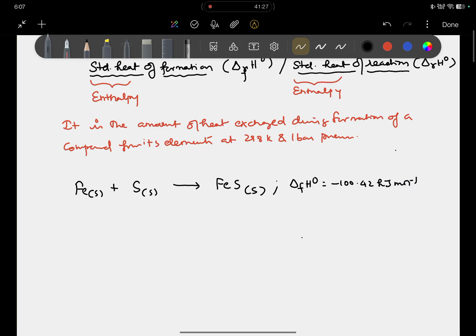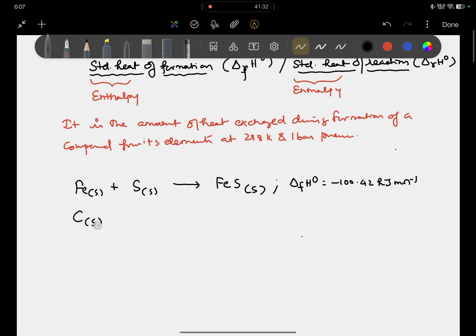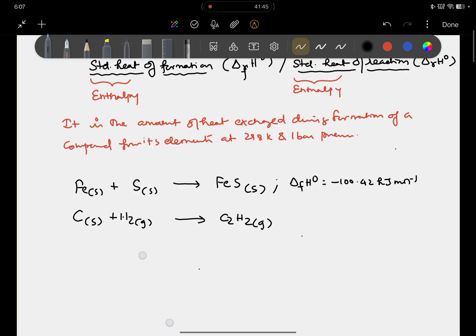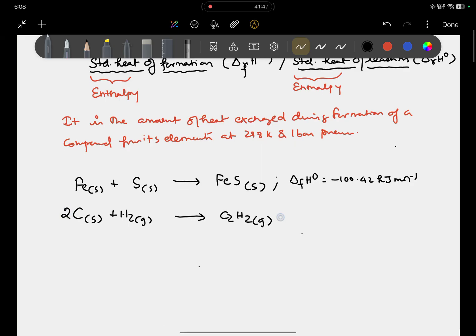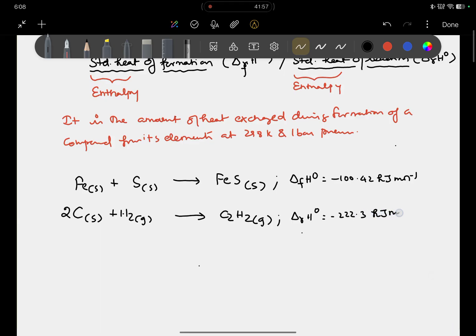Like that, any reaction you take, for example, carbon solid plus dihydrogen gas gives you C2H2 acetylene, so you have to put 2 carbon. The enthalpy of reaction, you can write either enthalpy of reaction or formation, both are right, is minus 222.3 kilojoule per mole. So likewise we can write many.